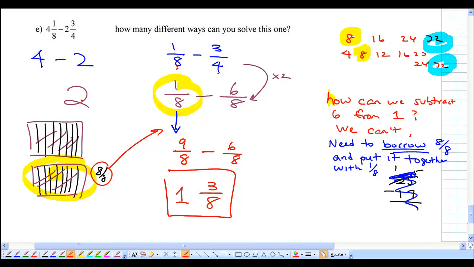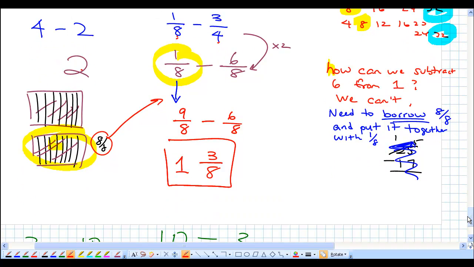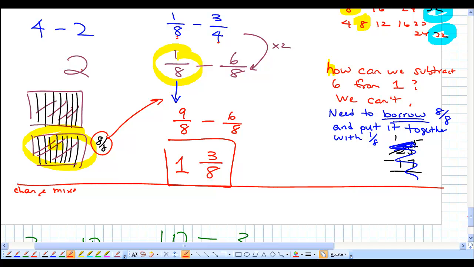Okay? Now, ladies and gentlemen, I know this way might be a bit confusing for some, so let me show you one more way, and then we'll stop the subtraction part. The other way of doing this, okay, is I'm going to ask you to change, and please write this down as well, so I want you to have this in your notes. Change the mixed fraction into improper fractions.